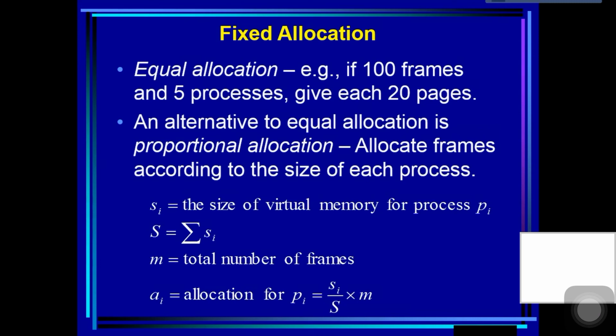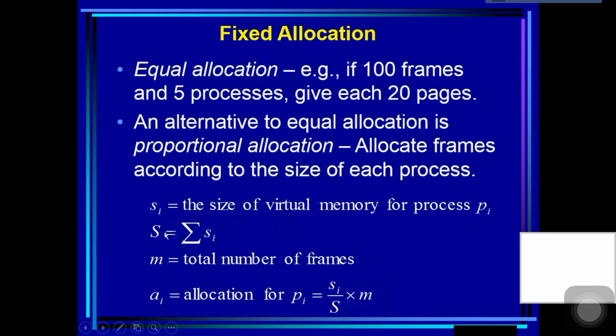So to solve this problem, we can use proportional allocation, in which we allocate available memory to each process according to its size. Let the size of the virtual memory for process Pi be Si, and define S as the sum of the sizes of all the processes, the logical pages.